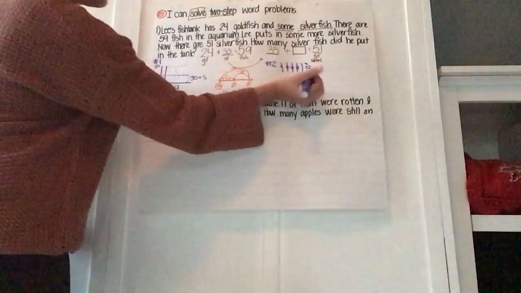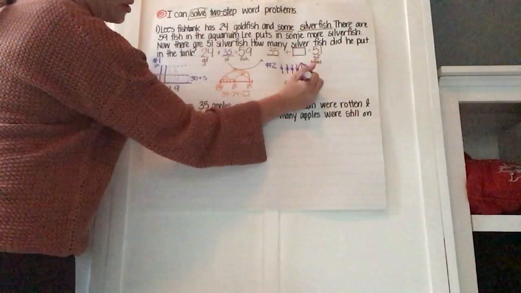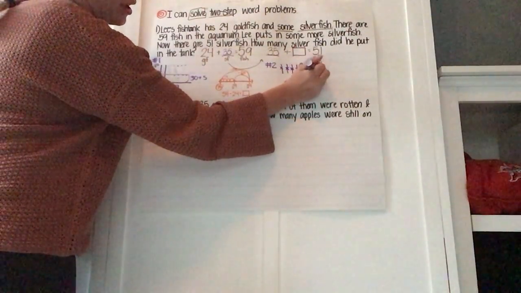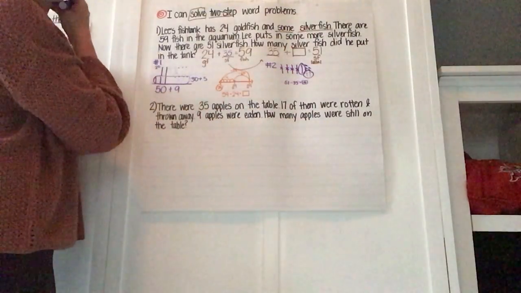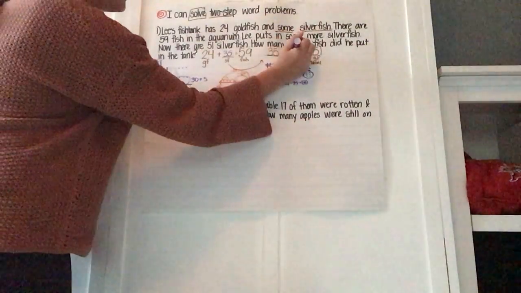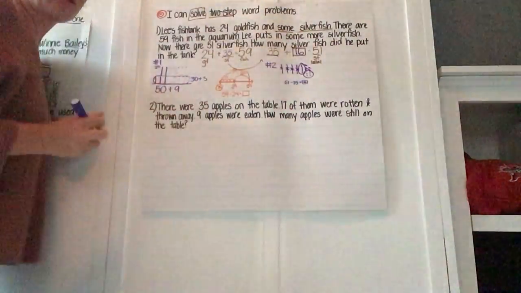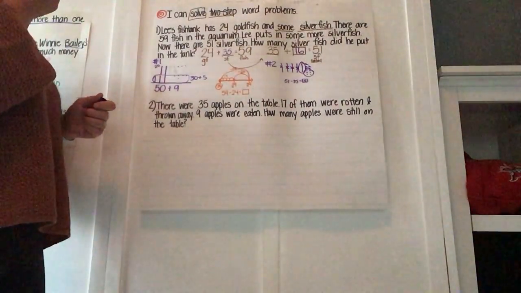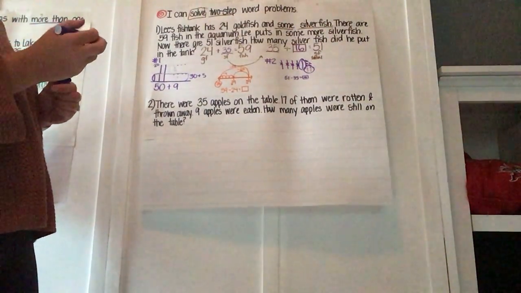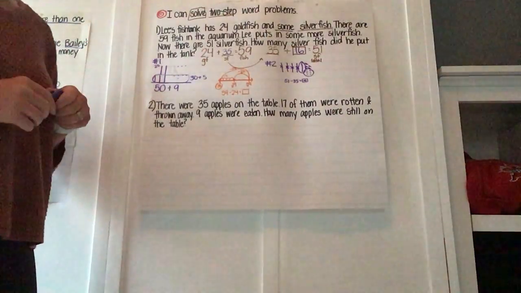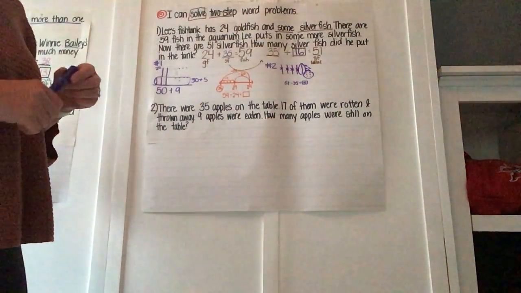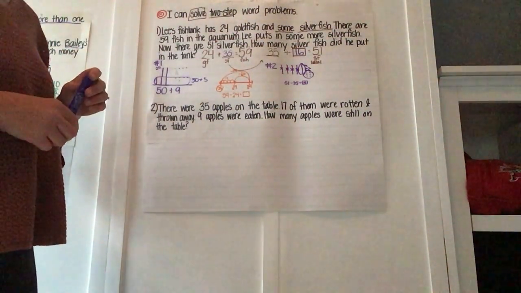And what did you have left? 1 10 and 6 ones. So how many silverfish should he add to his tank? He added 16 silverfish to his tank, didn't he?